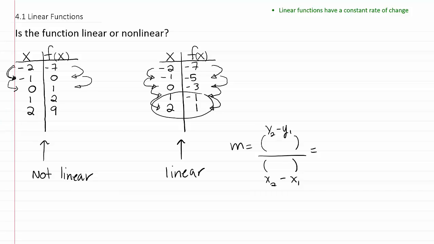The y coordinates would be 1 minus -1, and the x coordinates would be 2 minus 1. Then we'd have 1 plus 1 over 2 minus 1, which is 2 over 1, or just 2. So the slope is 2, and that's why for every unit change in x, we increased y by 2.